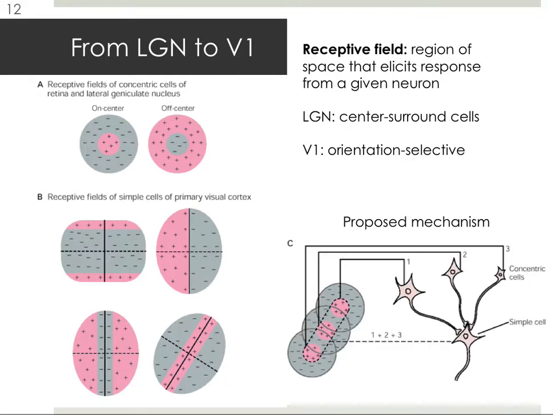A proposed mechanism for how the LGN translates into V1 neural code is that several LGN cells send input onto a single V1 cell. So a V1 cell, which is sensitive to lines, might be collecting input from a collection of on-center, off-surround and off-center, on-surround cells from the LGN, linking a few points together to make a certain orientation in an edge-like manner.